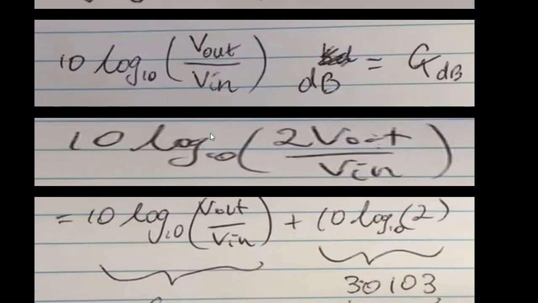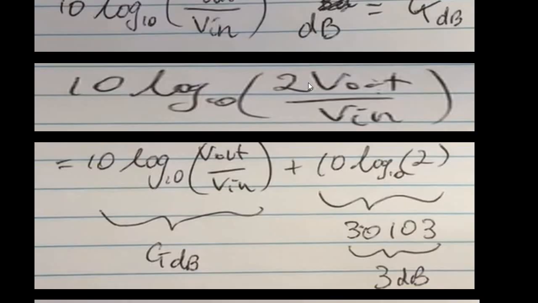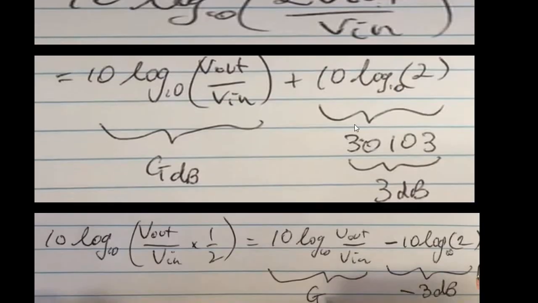But what happens when the gain is twice, right? According to the log property, you can split things up when they are in multiplication. So you can take the log for this value, and you can take the log for that value, right? The log for this value is 3 dB, right?